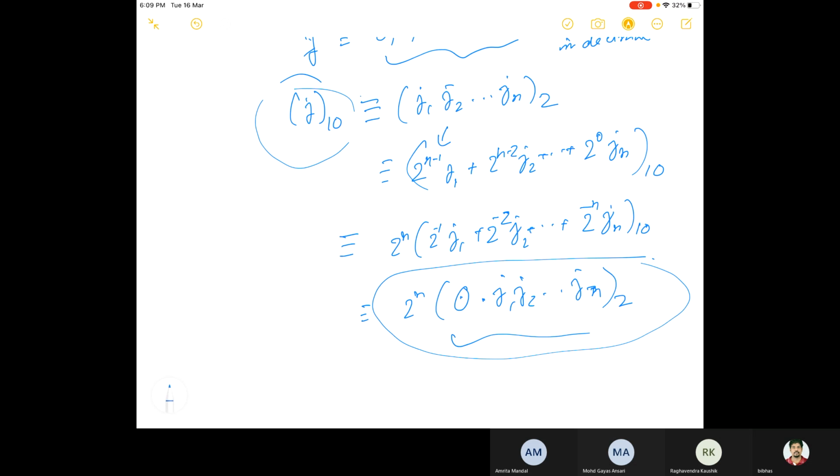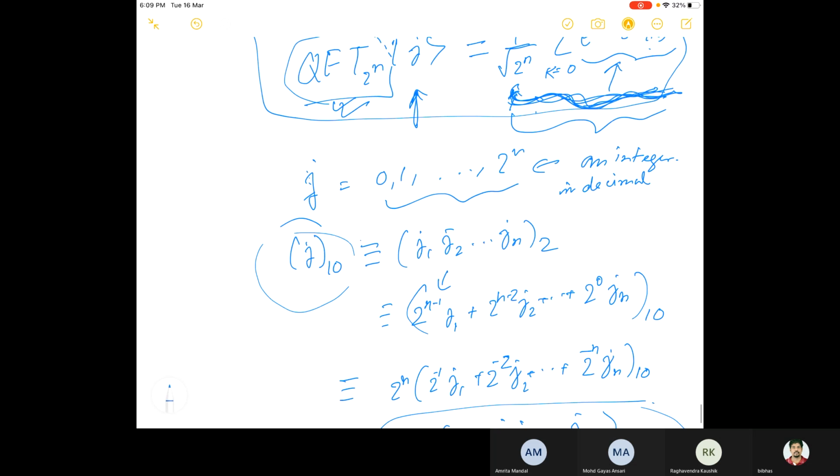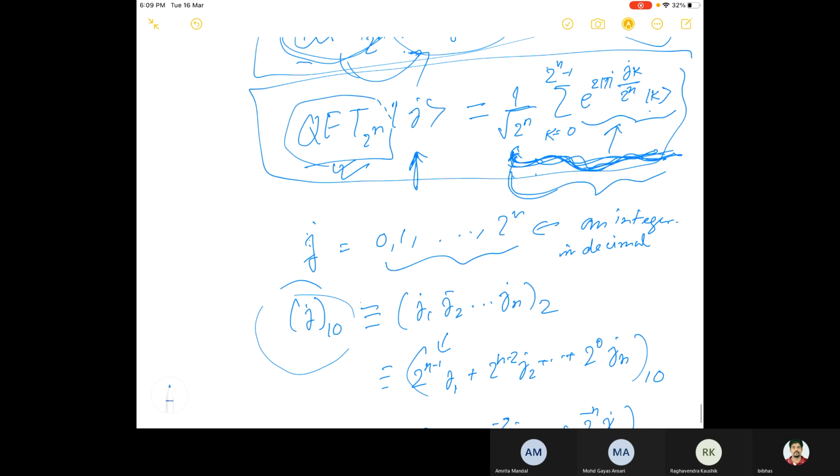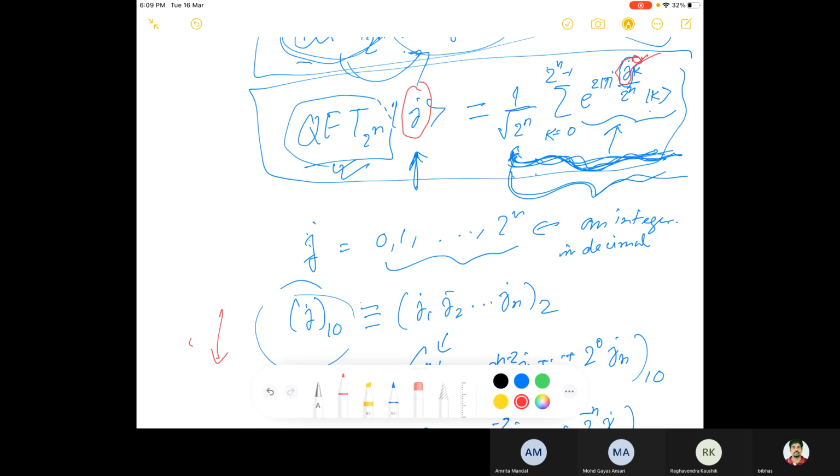I will use this conversion from here to here in order to understand the right hand side, because there is a J here. This J is the same as this J on the left hand side. So this J is an integer, and I want to use its representation, whatever we derived here.